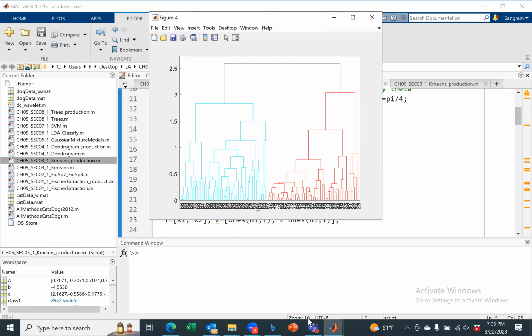At the end, once you perform this dendrogram type of clustering, you will notice that finally you have a tree-like structure, and it basically constructs the classification.